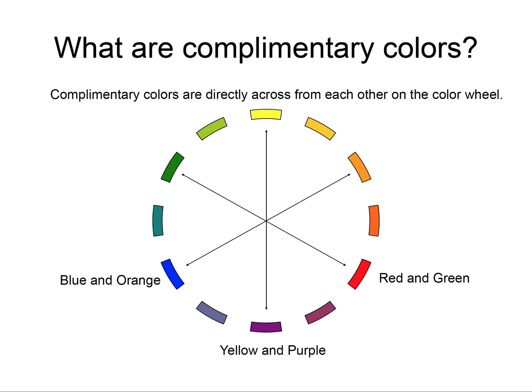So complementary colors are the first relationships that we're going to look at. Complementary colors are those that are directly across from each other on the color wheel. So some common pairings are things like red and green, yellow and purple, blue and orange, blue-green and red-orange. So they're directly across from each other on the color wheel.